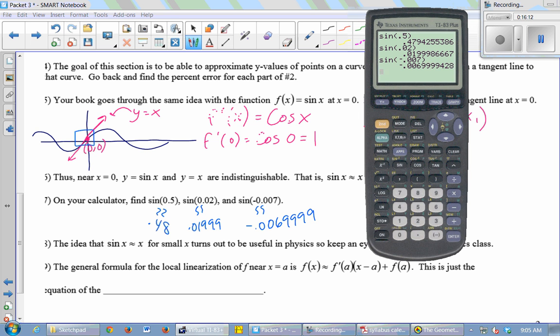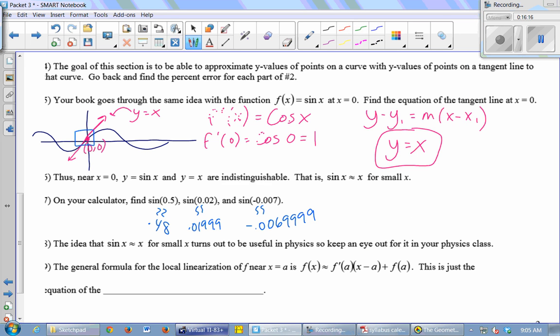So this idea that sine of x is approximately equal to x for small x's turns out to be really useful in some physics calculations. So keep an eye out for that if you're taking physics. And it's often not explained when you're doing the physics calculations why you can substitute, why they are nearly equivalent, sine of x and x. And it's because y equals x is the equation of the tangent line at sine of x at 0.